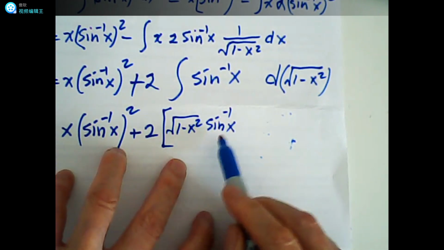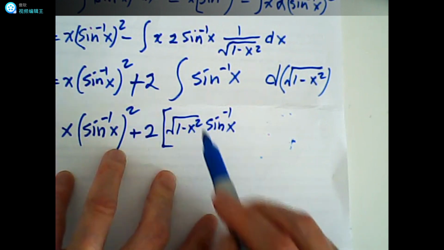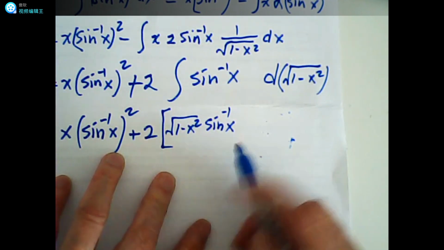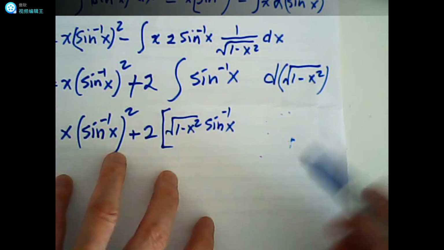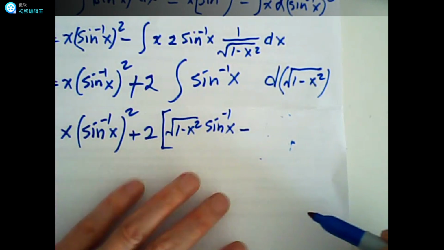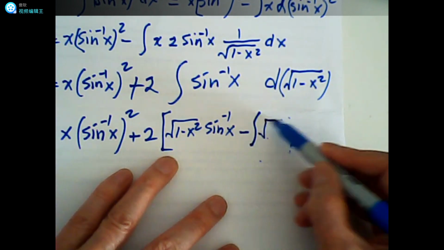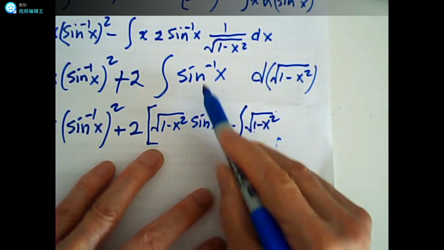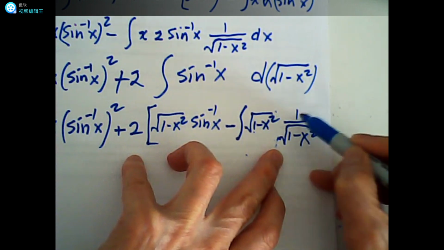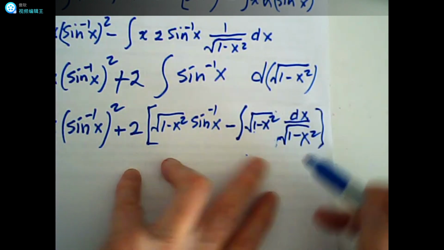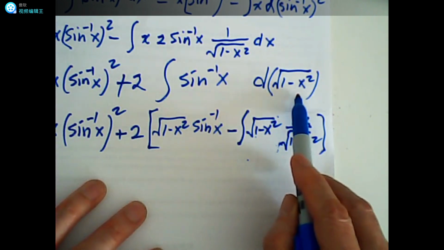This way is better than arcsine x times the square root of 1 minus x squared, because that is ambiguous and could be misunderstood. Now minus the integral of v du. This is v, this is du. Du is equal to this, dx.